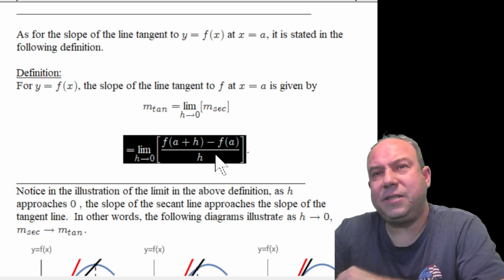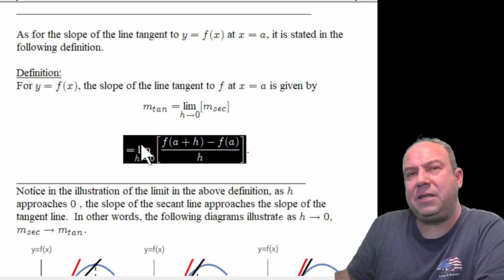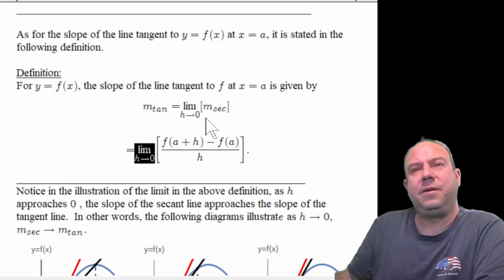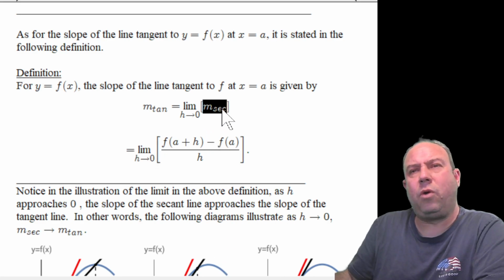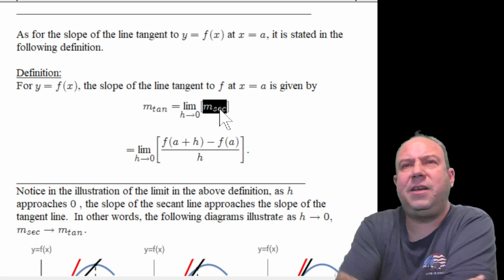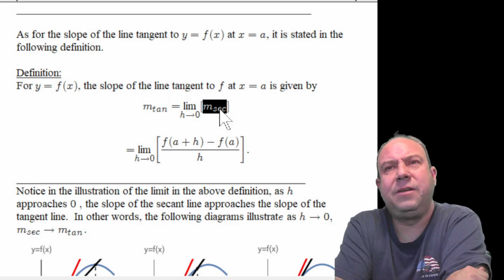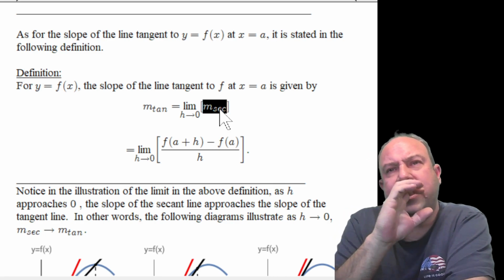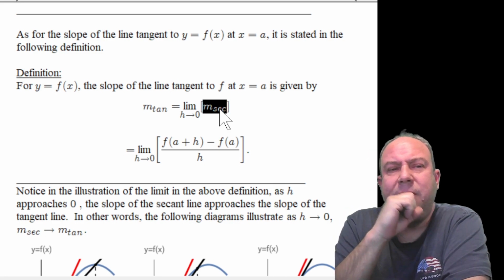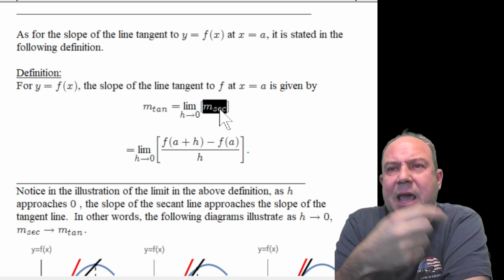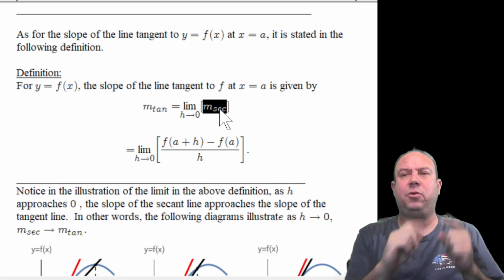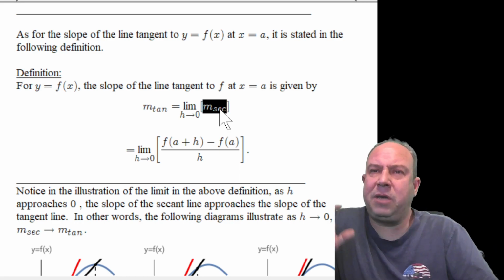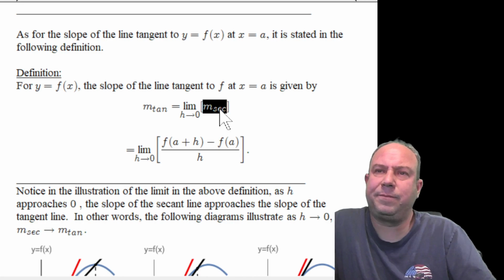It is this application of limits to what we already understand as a slope formulation, a rise over run calculation, where we explore its behavior as the distance between the 2 points decreases, where this h value becomes smaller and smaller and smaller.